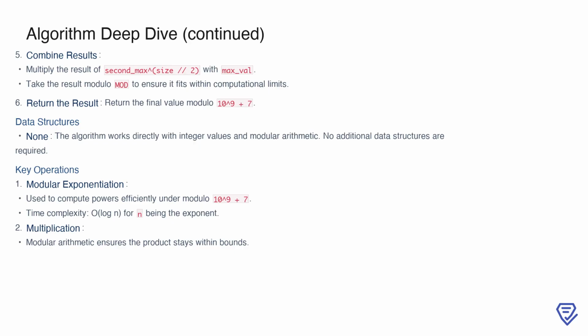The algorithm is straightforward and works directly with integers and modular arithmetic, without requiring additional data structures. Two critical operations make this approach efficient: modular exponentiation for calculating powers in logarithmic time and modular multiplication to handle large numbers. These operations ensure that the algorithm is both time-efficient and space-efficient.